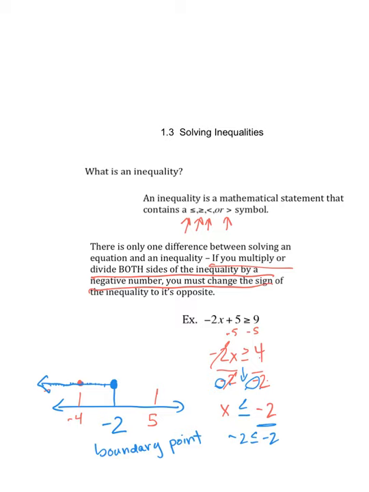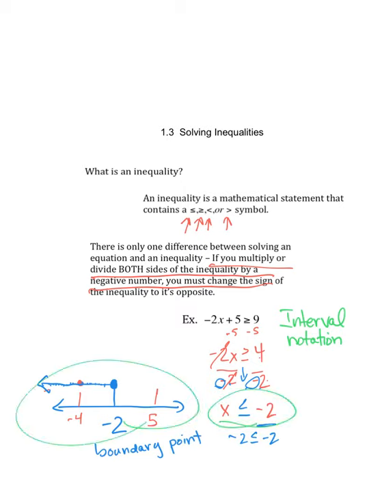Now, the last thing I need to talk to you guys about is what we call interval notation. And the reason we have interval notation, ladies and gentlemen, is because this is how they're going to show you solutions as you move forward. On the ACT and in your higher level math classes, they do not write this, and they sure as heck don't graph it.